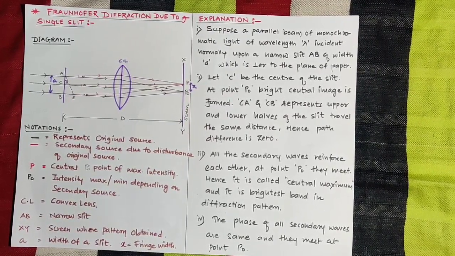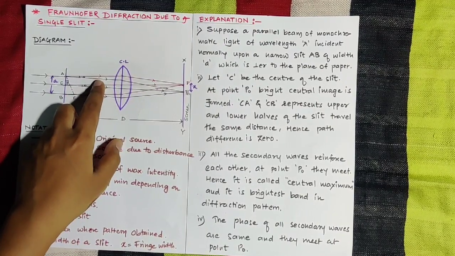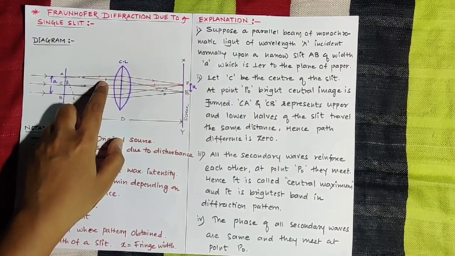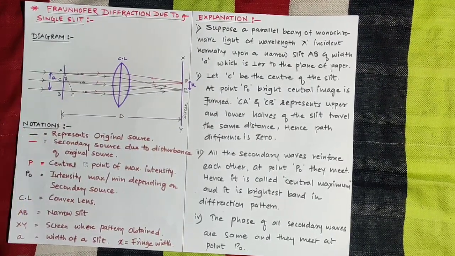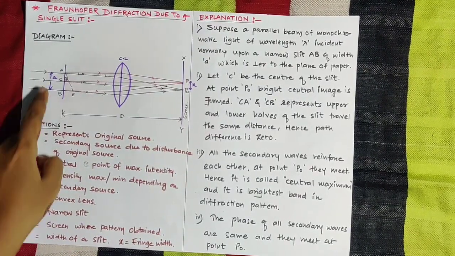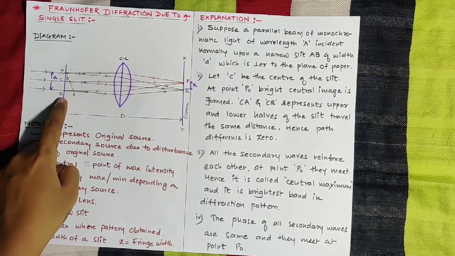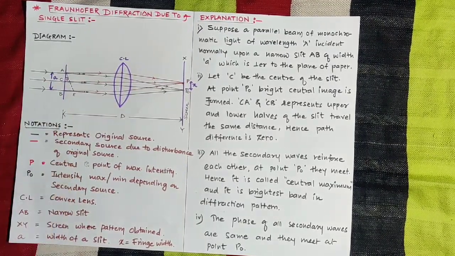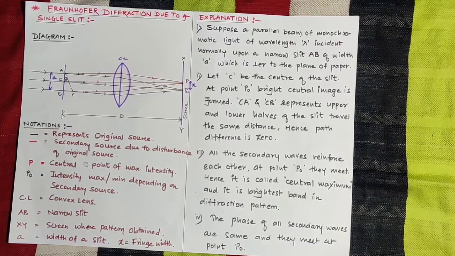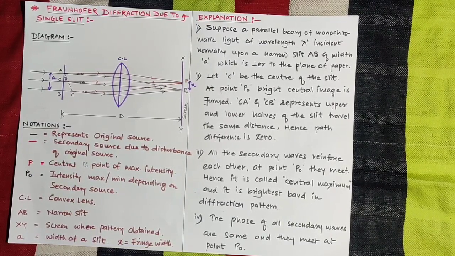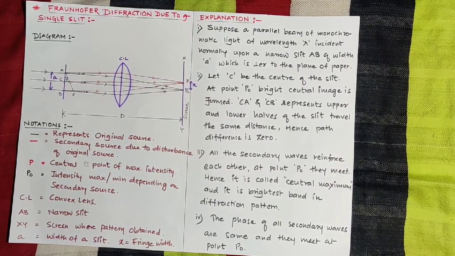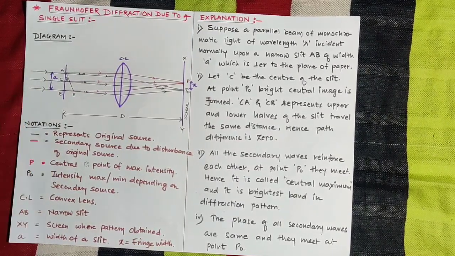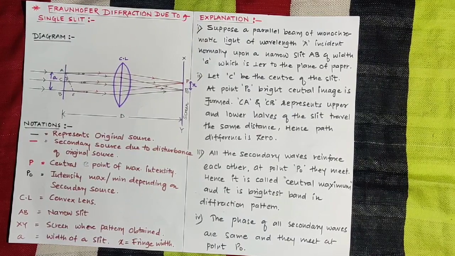So look here. I draw these two arrows with red and black lines. These lines are a parallel beam of light, which is considered to be the original source, and this parallel beam of light is passing through this narrow slit AB. They get diffracted, that means they change their path, and according to Huygens principle, each and every point on this slit AB is a source of secondary disturbance.